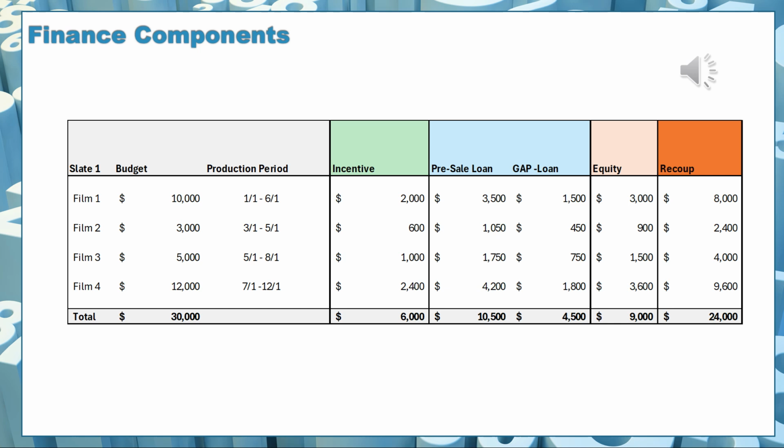The loan that we have to do here is $3 million, $10.5 million for the pre-sale loan, $4.5 million for the gap loan, so it's $15 million that we have to recoup for the slate. And the equity to generate this slate will be $9 million, and that will be the amount we are raising. We are recouping then from revenues $24 million.